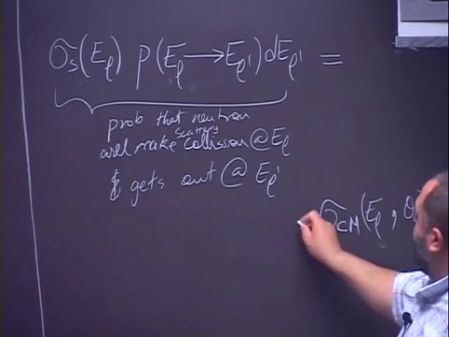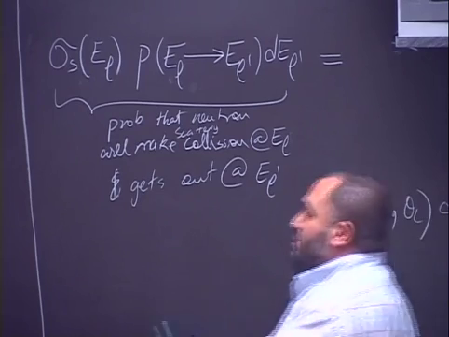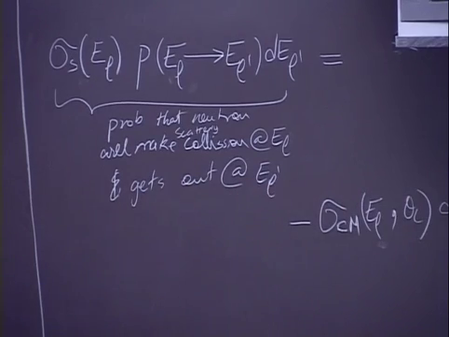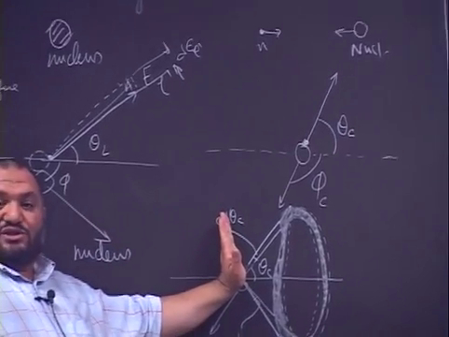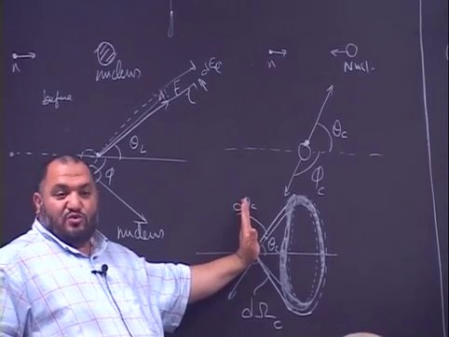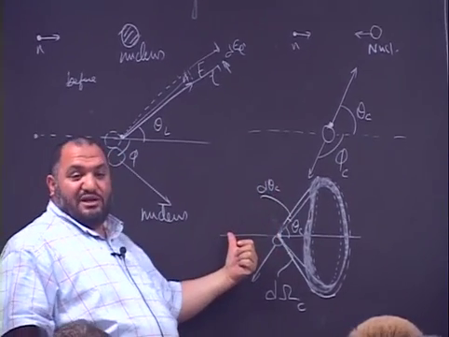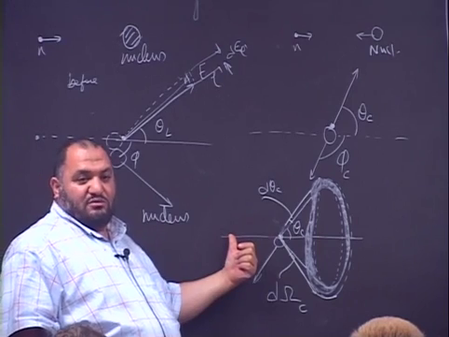But there is a negative sign here. Why a negative sign? Because once theta C starts increasing, the energy that the neutron gets out from the collision will decrease. We knew that when theta C is equal to 180 degrees, for hydrogen, the minimum energy is 0.